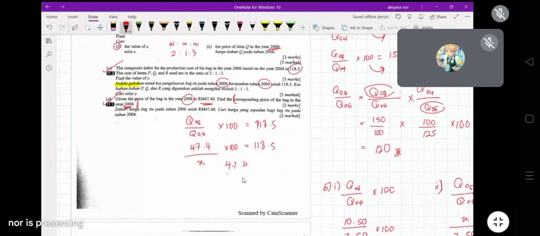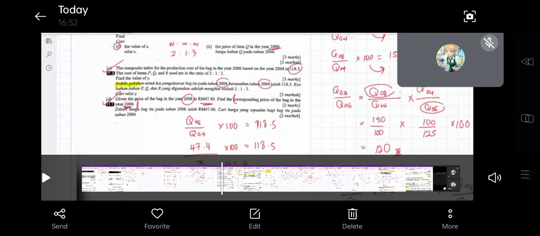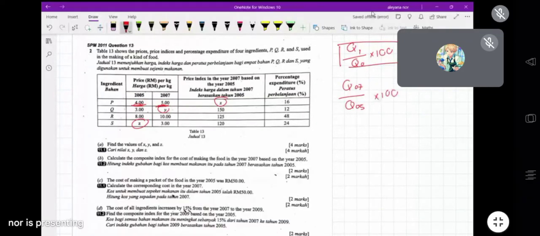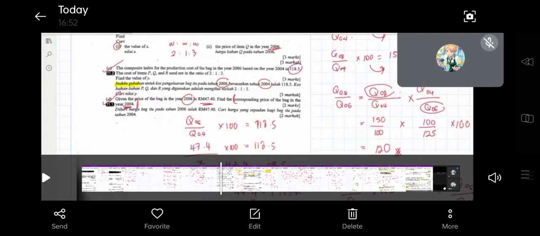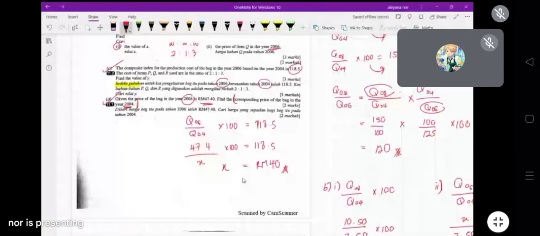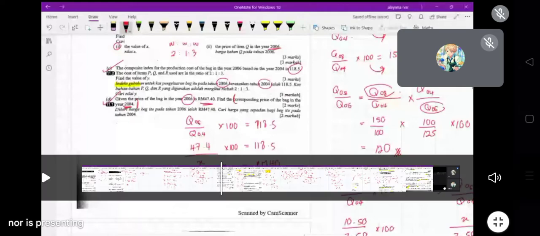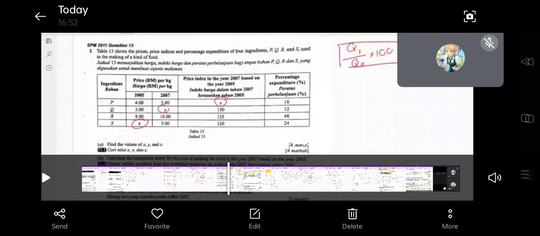So you substitute 47.4: 47.4 bahagi dengan X, because you don't know what is 2004, darab dengan 100, equals 118.5. Then you do your normal algebra equation. The answer is 40 ringgit.